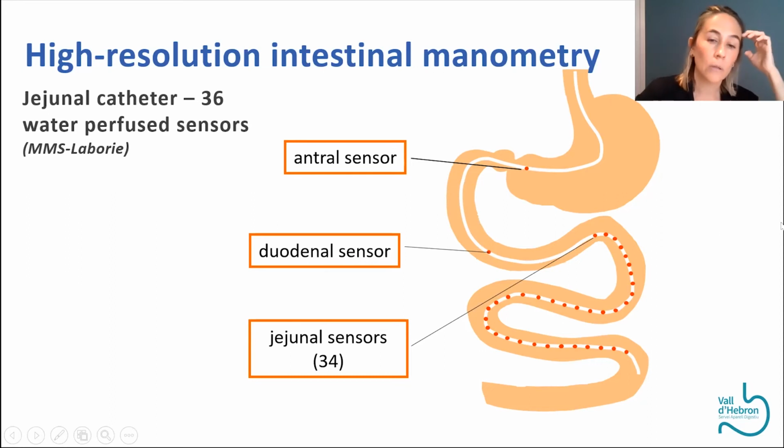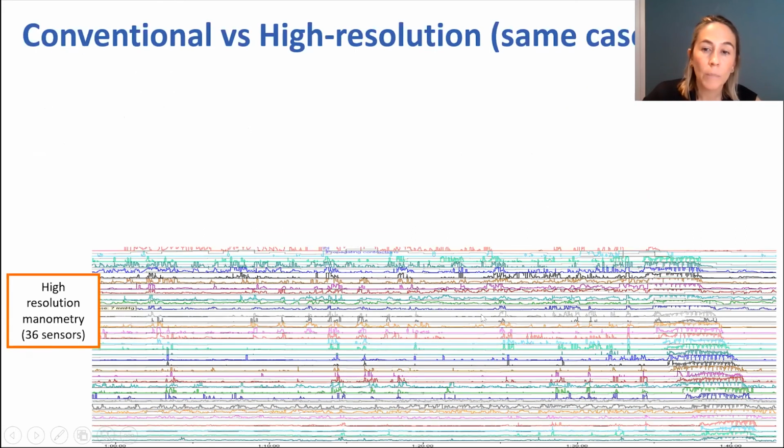This is a catheter we've been using in the last year in our lab, and it has 34 sensors placed in the small bowel, separated by 1 centimeter. And we obtain recordings that look like this. As you can see, we have 36 lines here instead of the 8 lines we had before.